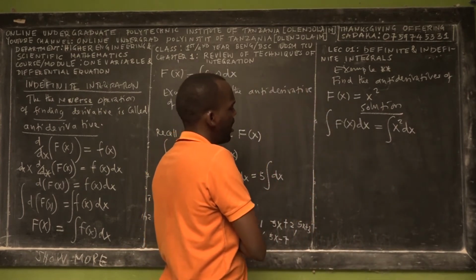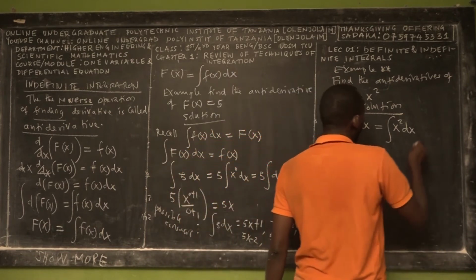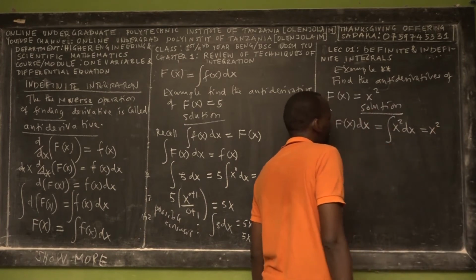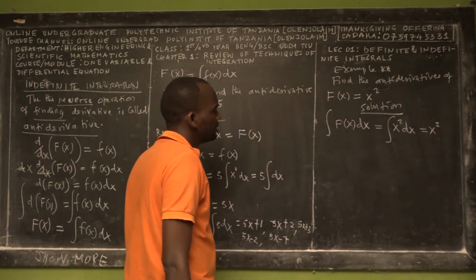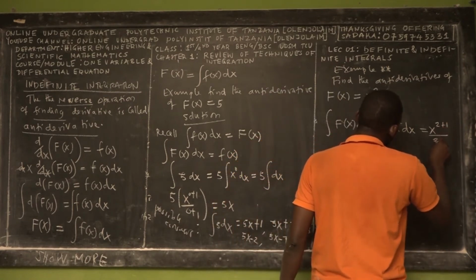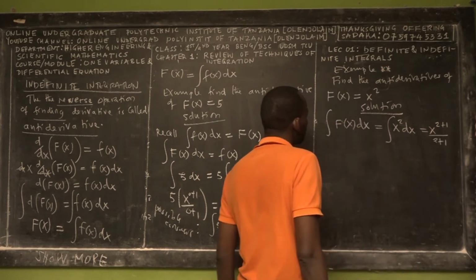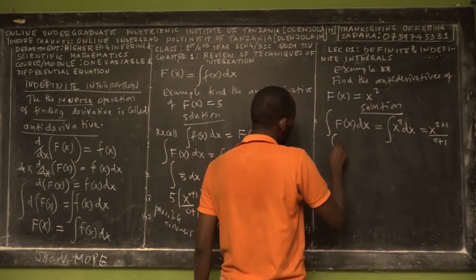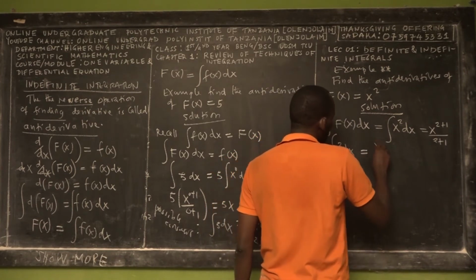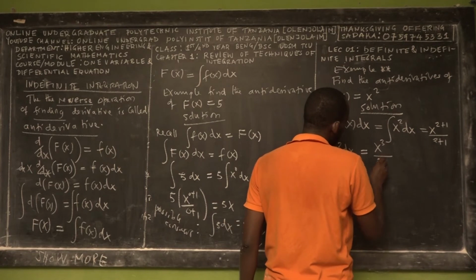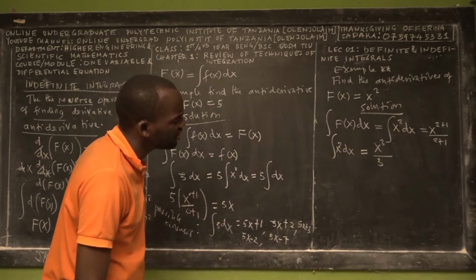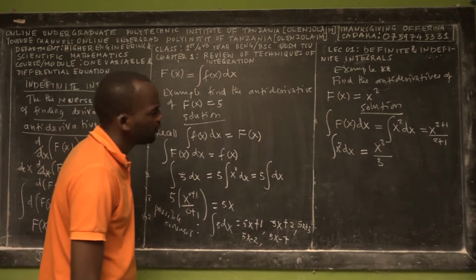Okay? If you integrate x squared with respect to x, this is x power 2 plus 1 over 2 plus 1. So the integral of x squared dx is equal to x cubed over 3. But it is not the only function that when you differentiate, we get x squared.